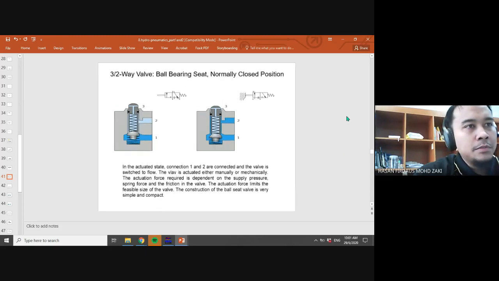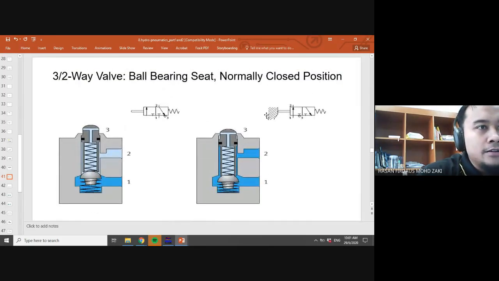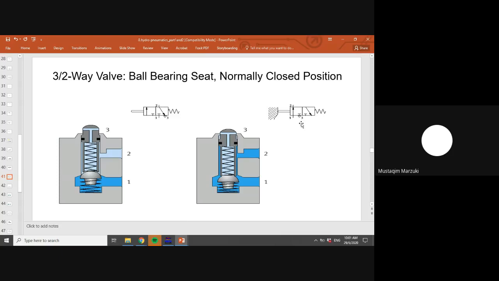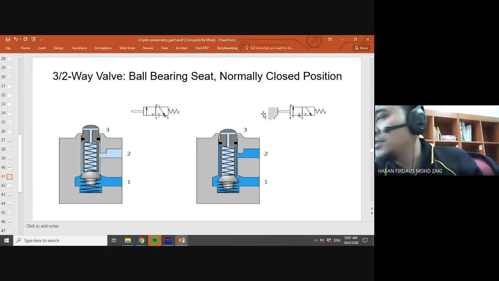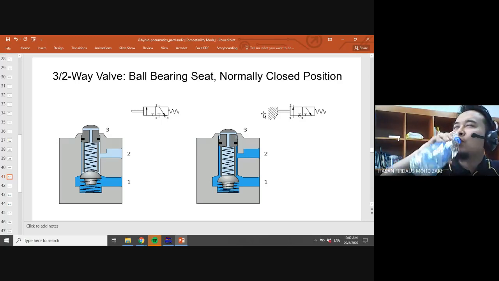When you see this symbol at the right, what does it mean? Can someone tell me? Is it like a cam follower? Nope. At the left you have this, and then at the right you have a switch here. What is the difference between those?